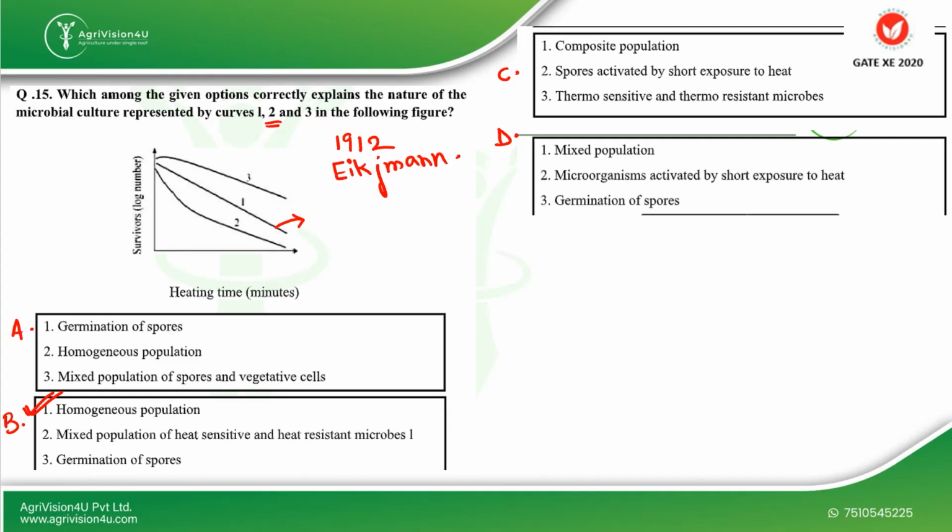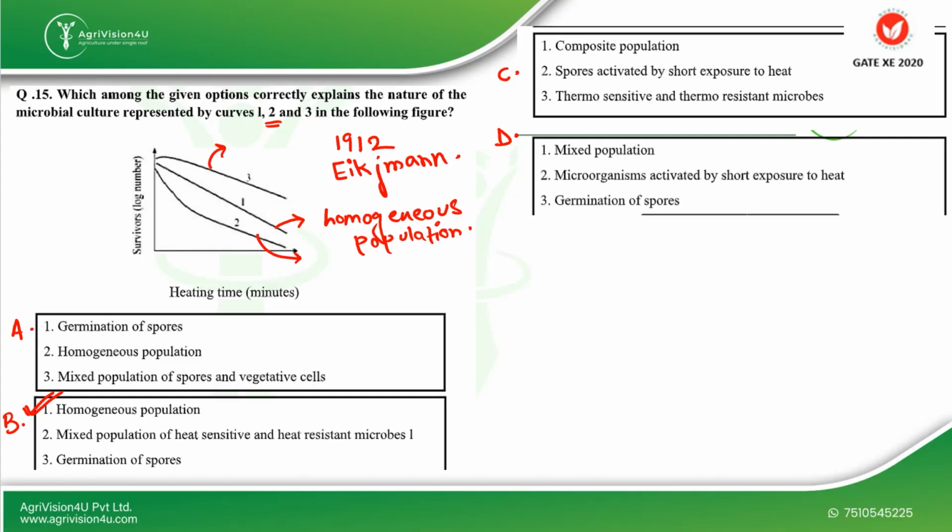That is, the survival curve is essentially logarithmic if the population of the bacteria is homogeneous with regards to the heat resistance. So this is a homogeneous population. Line 2 indicates the population as heterogeneous with regards to its heat resistance. So it is the mixed population of heat sensitive and heat resistant bacteria.